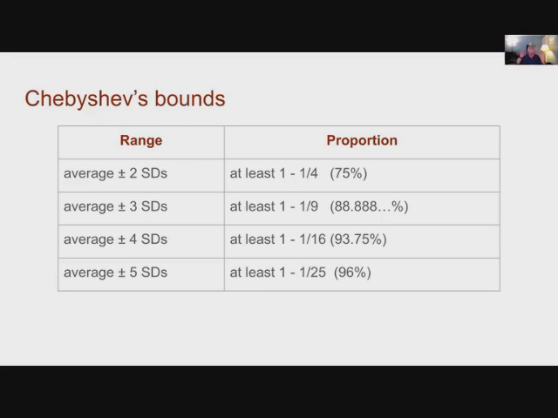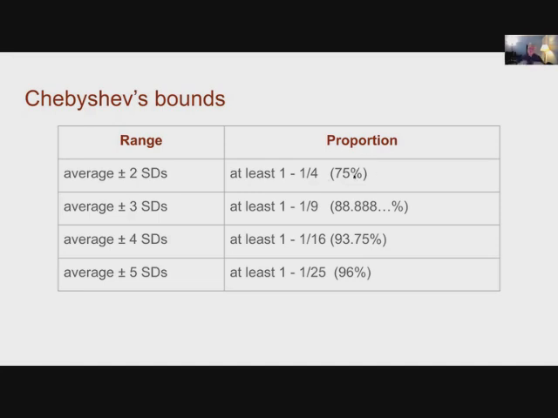And the power, like I said, is that we don't need to know anything about the underlying distribution. If we look at plus or minus 2 standard deviations, the actual data might have more than 75% of the population, given the actual distribution, but it will never be less.